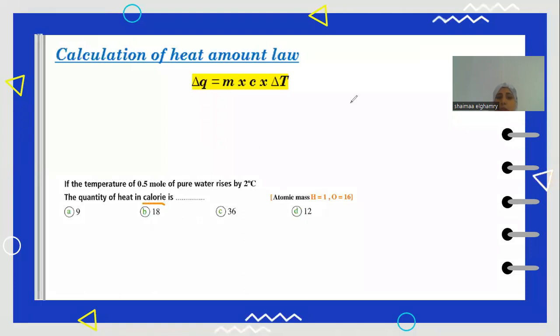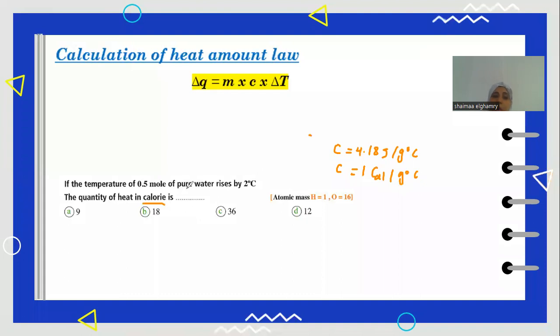The specific heat capacity of water equals 4.18 joules per gram degree Celsius, okay? And the specific heat of water also equals 1 calorie per gram degree Celsius.